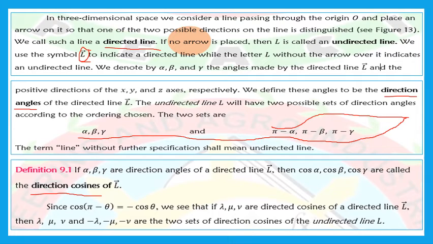And then, eto naman si lambda, mu, and nu, then yung negative ng bawat isa are the two sets of direction cosines naman ng undirected line. Ibig sabihin, pag directed line, isang set lang yung direction angles niya at saka direction cosines. Pag undirected line class, dalawa yung sets ng direction angles niya at saka direction cosines.